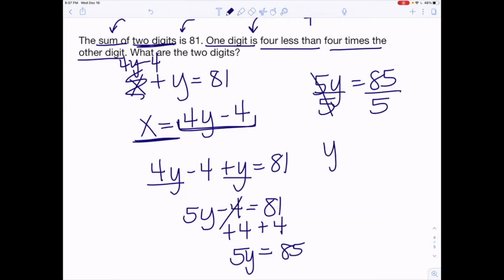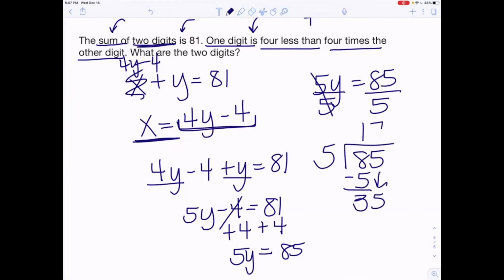Okay. 85 divided by 5 goes in once, bring down the 5, 17. So y equals 17.